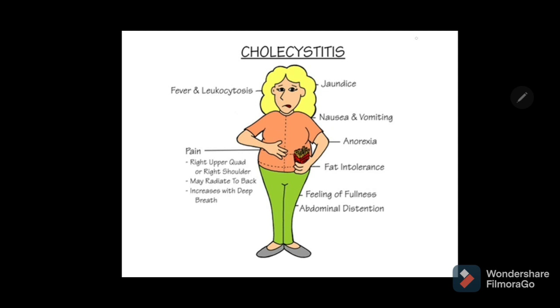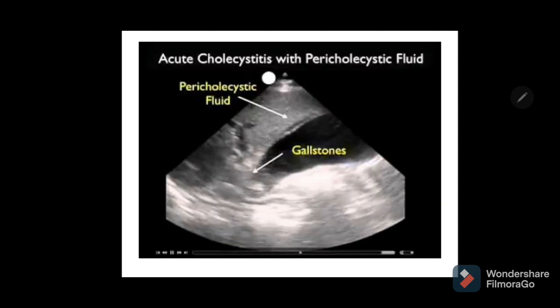The patient will have a typical pain in the right upper quadrant here, Murphy's sign, that is a sharp pain in the tip of the ninth costal cartilage in the right hypochondriac region during inspiration, fat intolerance, anorexia, nausea, vomiting, jaundice because of the obstruction of the cystic duct, feeling of fullness and abdominal distension.